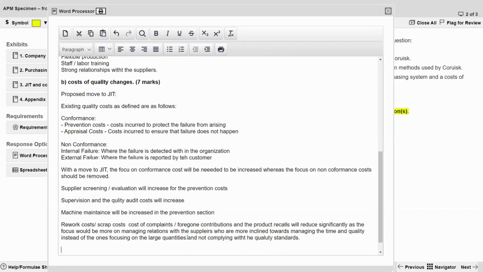So hence your quality costs are going to change in this specific manner. So I repeat, your quality costs are going to change in this specific manner. Is there any other addition that you would like to suggest?